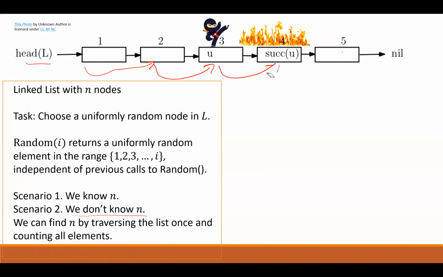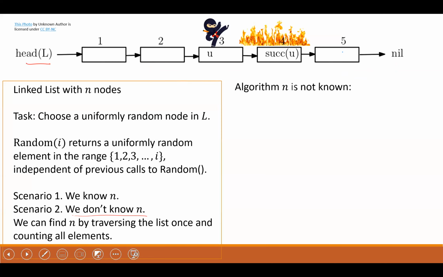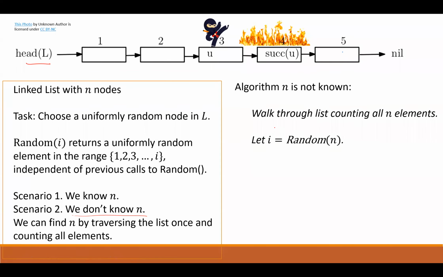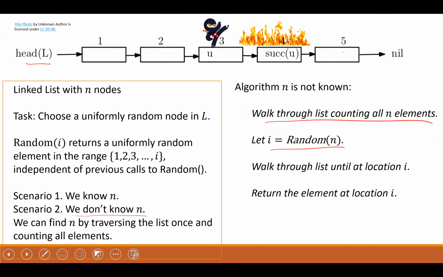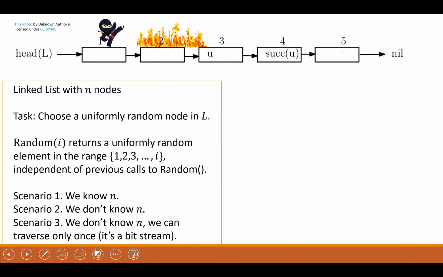And once I've walked through once, I know the value for n, and then I can just run the previous algorithm. So I walk through, I count the items, and then I choose one at random, and then I walk through again until I'm at that location, I return that element. So neither of those are any problem. This requires 2 traversals, which is not ideal, but still doable.